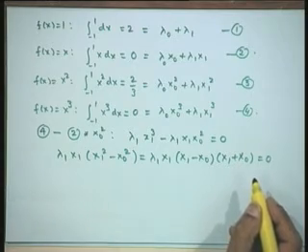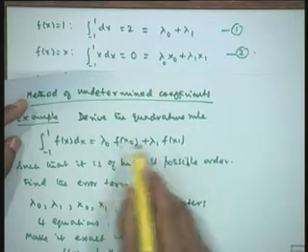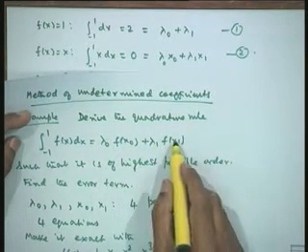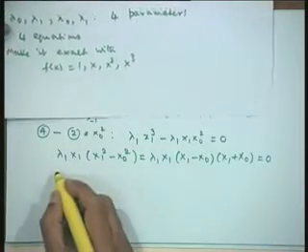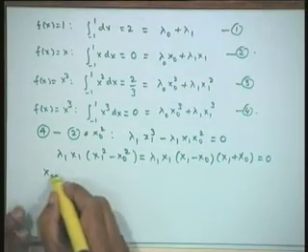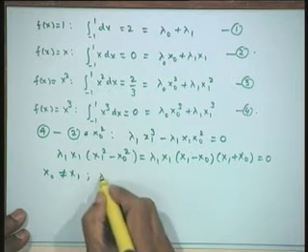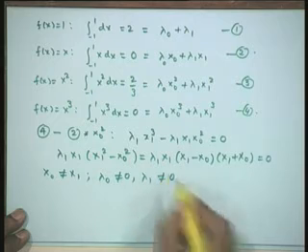Now in the method that is given to us, this is the method that we have been asked to derive. Lambda naught, lambda 1 are not equal to 0, and these are distinct abscissas, so x naught is not equal to x 1. That is given in the problem. The weights are not equal to 0, so lambda 0 is not equal to 0, lambda 1 is not equal to 0.